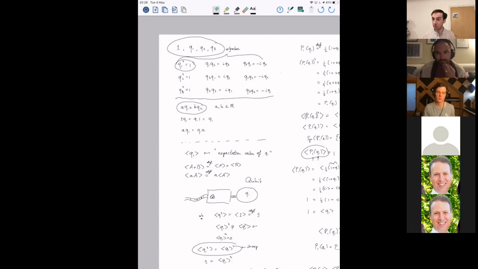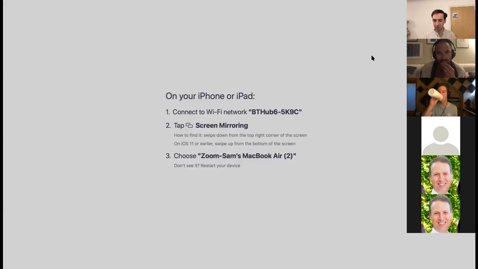Then there's an assumption about the commutation relation between the descriptors of one qubit and the descriptors of another qubit. Individually, they each adhere to this algebra that I just showed during the talk, which is known as the Pauli algebra.